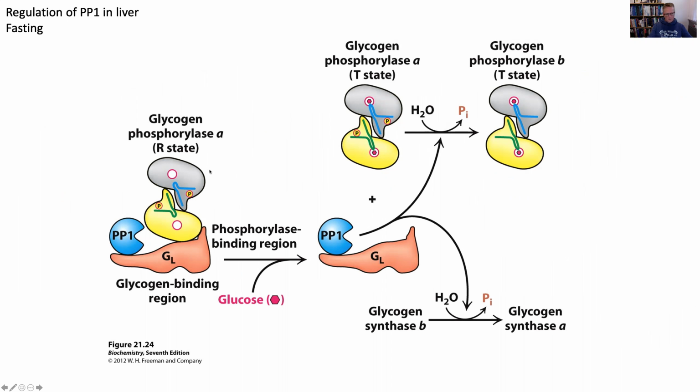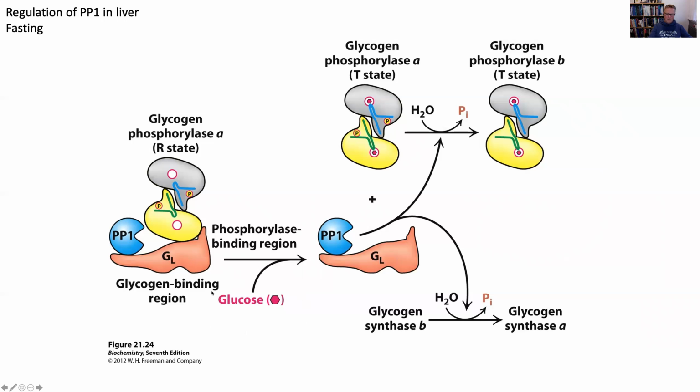When these proteins interact, PP1 will be less active, or actually be inhibited by phosphorylase. So the phosphorylated form of phosphorylase will inhibit PP1 activity.